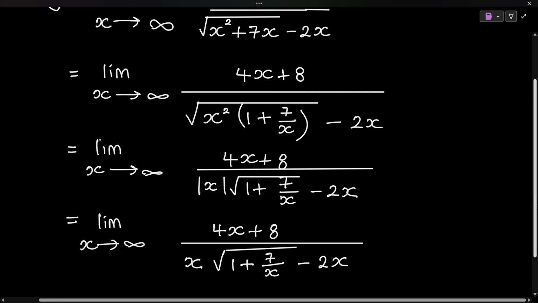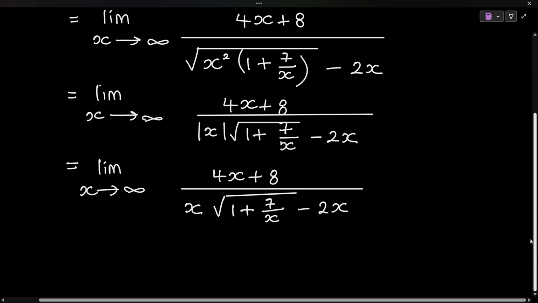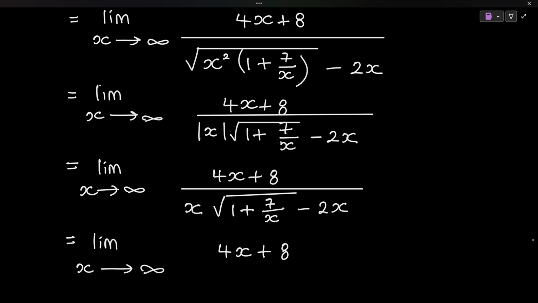The next step is for us to factorize. Factorizing the denominator, we notice that both terms have x, so let's pull out that x as a common factor. Also, what we can do here at the same time is factorize the numerator as well.